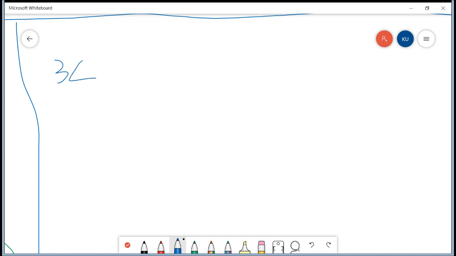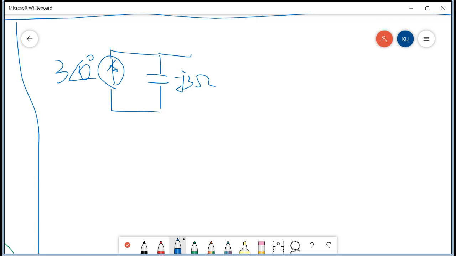So here the circuit is already converted into the phasor domain. So here this is a current source. This is a capacitor, minus J3 ohm. And this is 4 ohm.